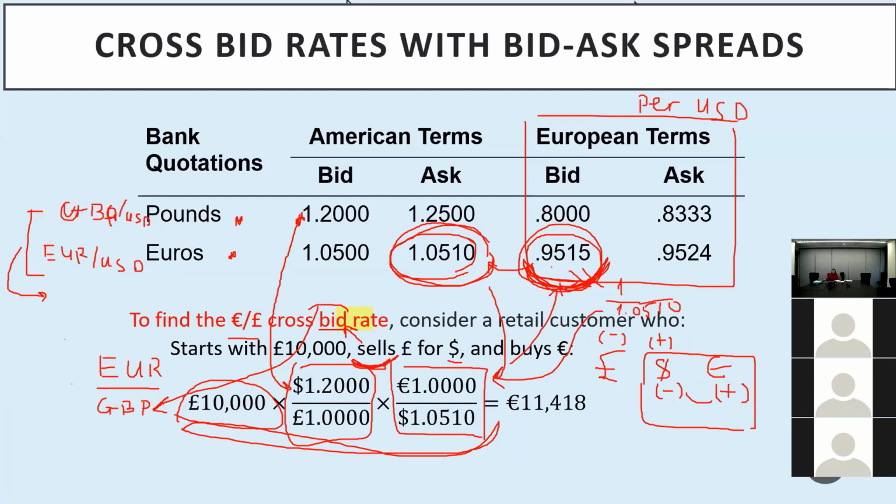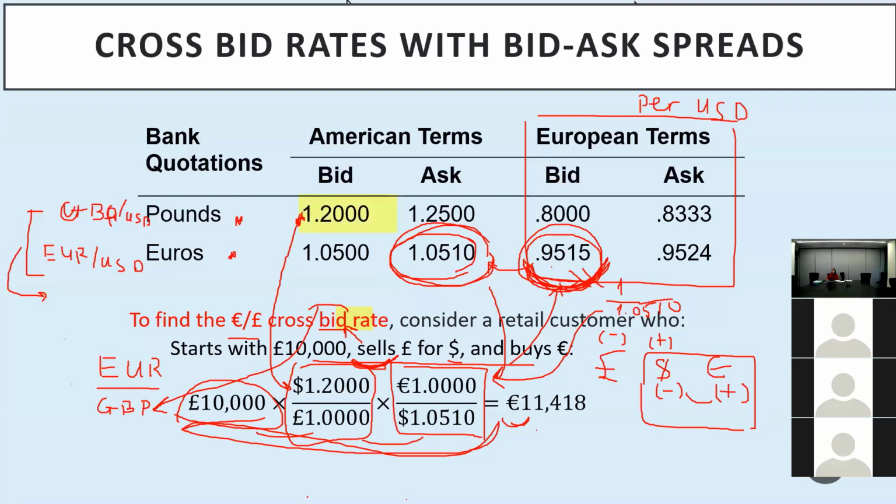So through these two transactions, we will be able to convert the pounds into the euro, okay? So this is not a direct calculation because we have to cross two different exchange rates, yeah?